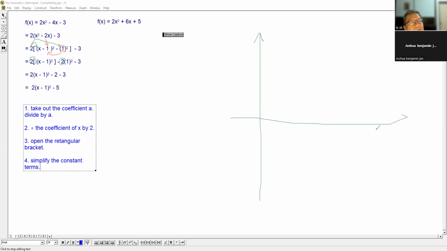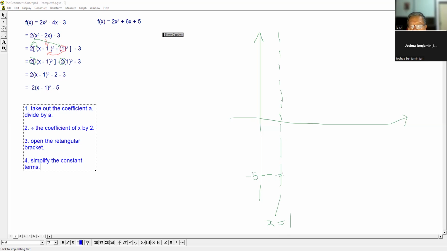Positive 1, correct. So this is the axis of symmetry. So this is x equals to 1. Then I start from here, move up or move down? Move down. Move down how many steps? 5. Very good. So this will be negative 5.